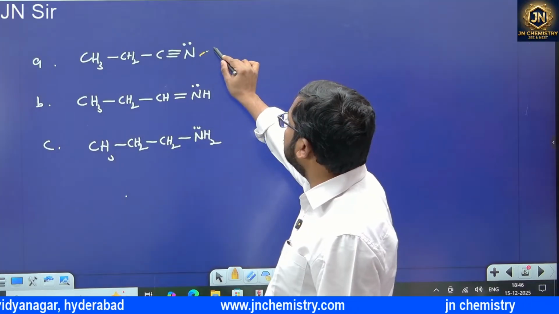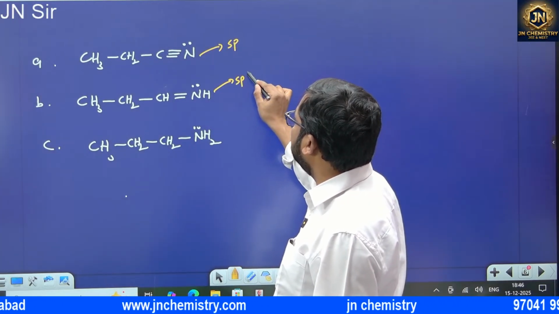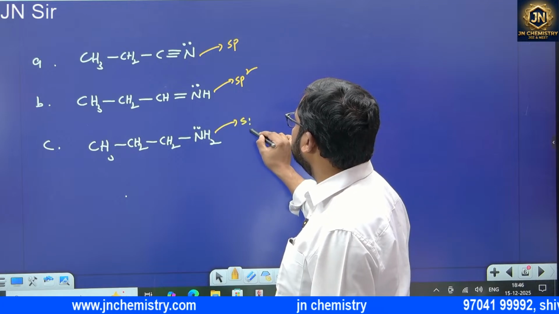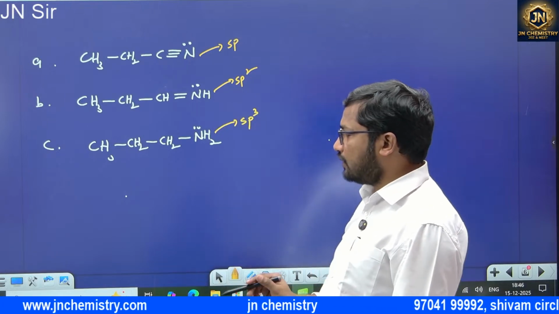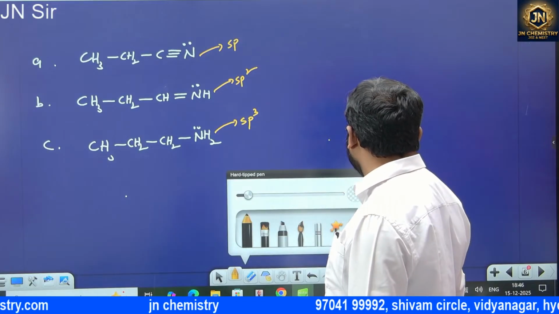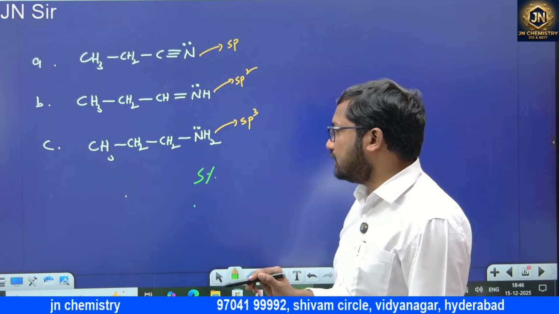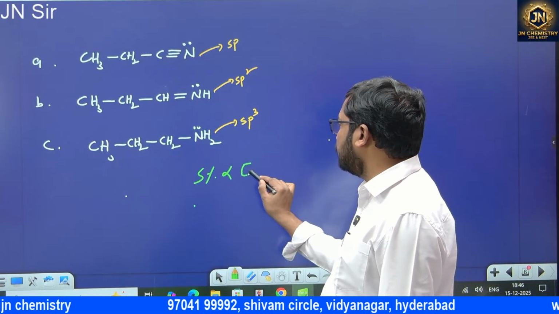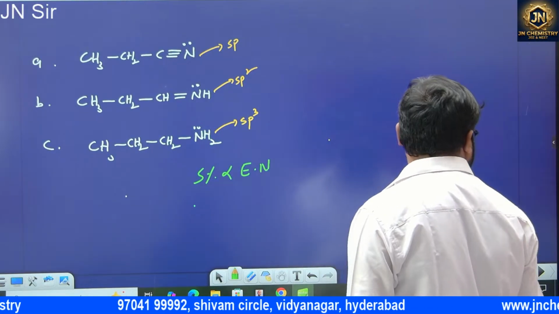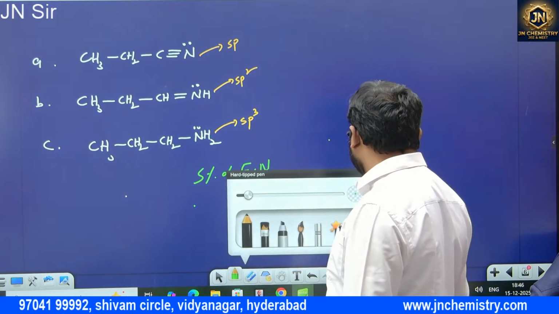This is sp hybridization. This is sp2. This is sp3. Right? So percentage of S character is directly proportional to electronegativity.